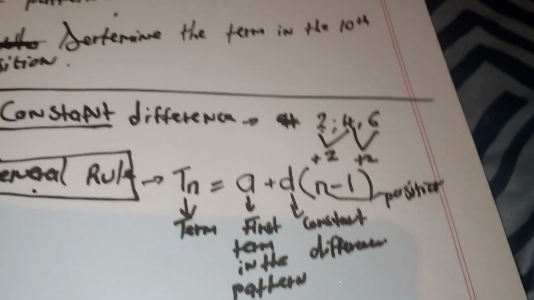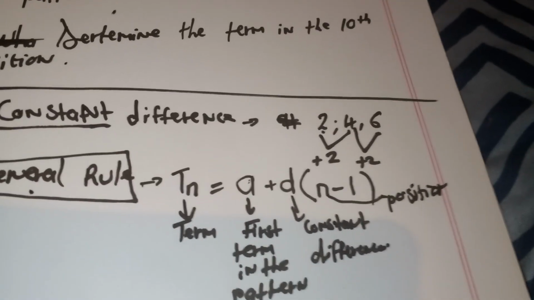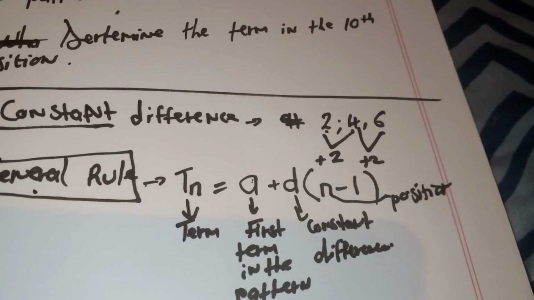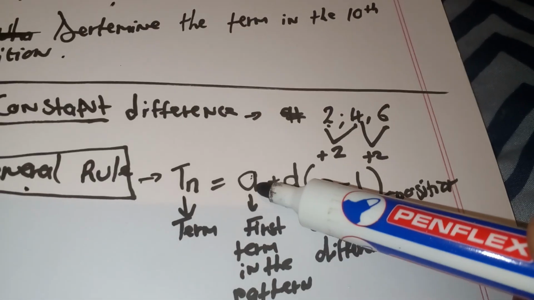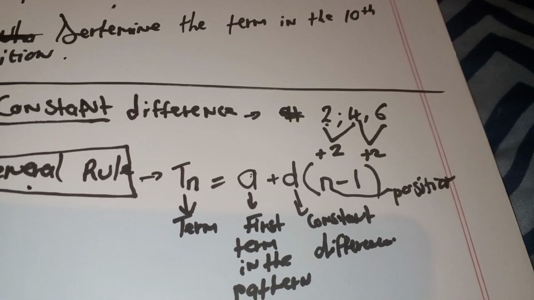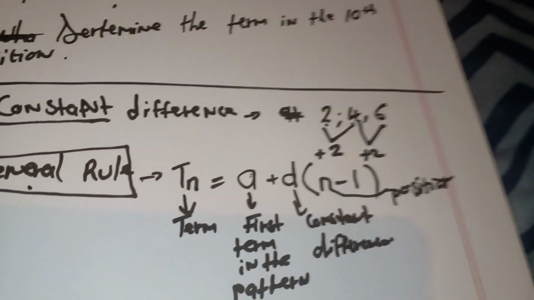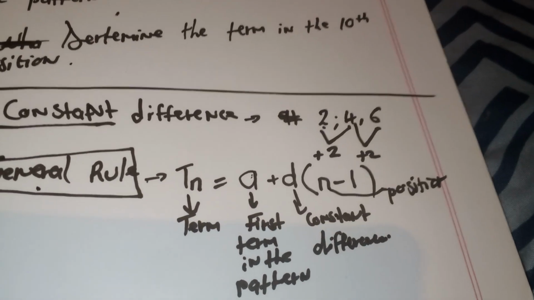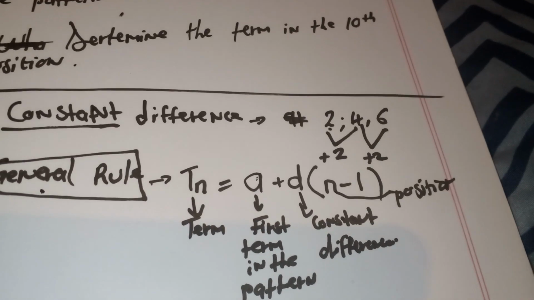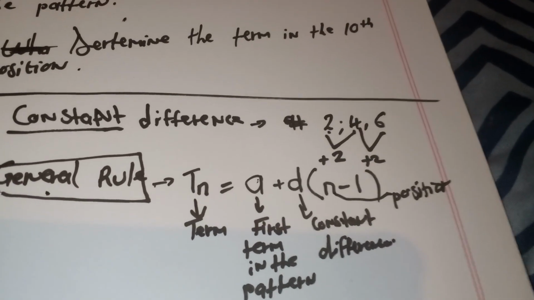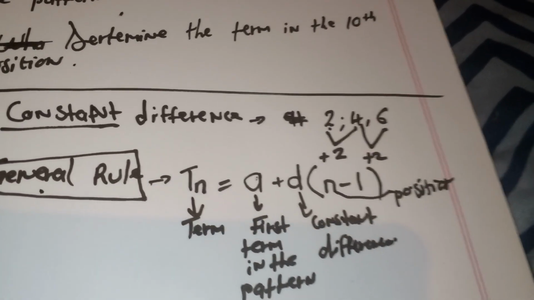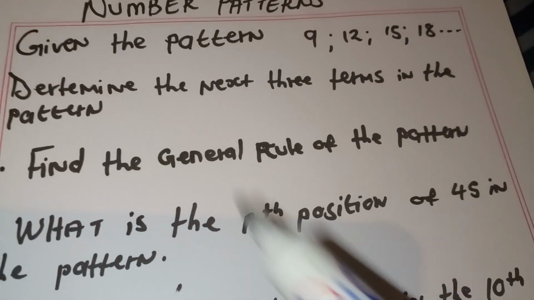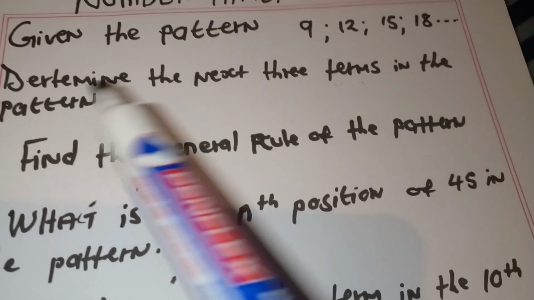So this is how we break down the general rule: Tn is equal to A plus D into the bracket of N minus 1. I hope you are following, because this is very important. This is going to help you answer many questions that contain patterns.